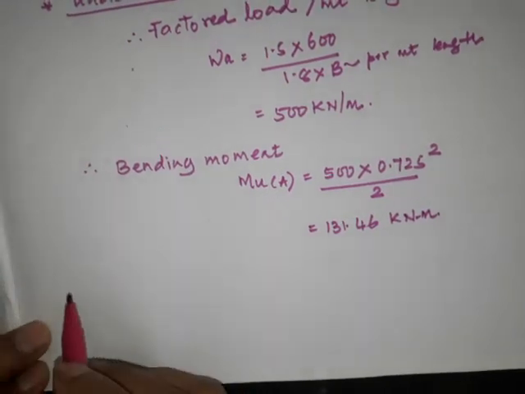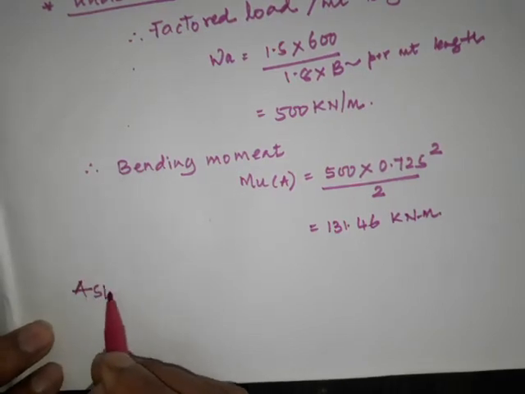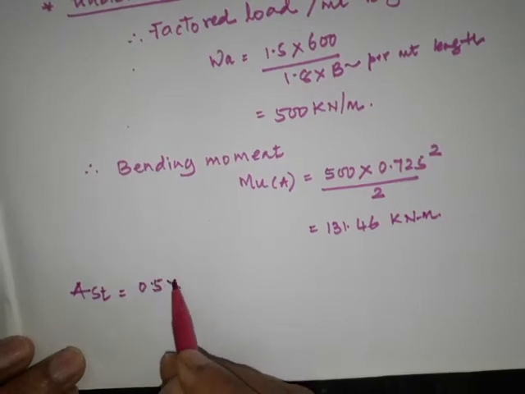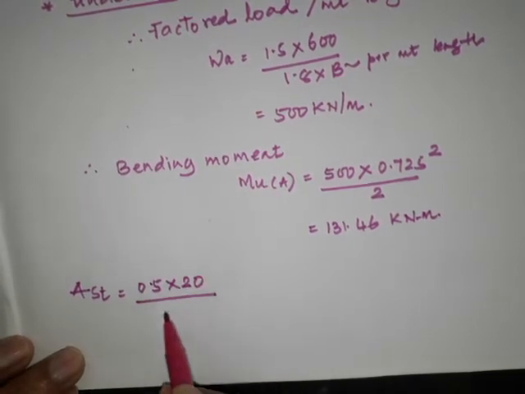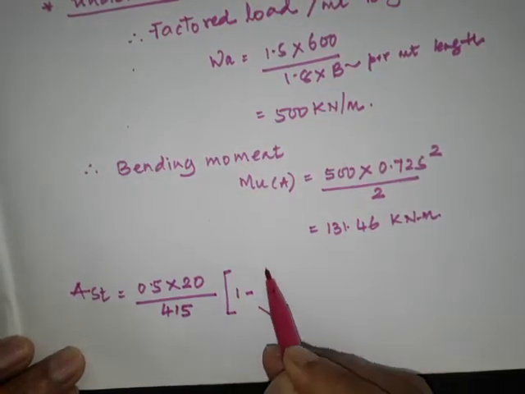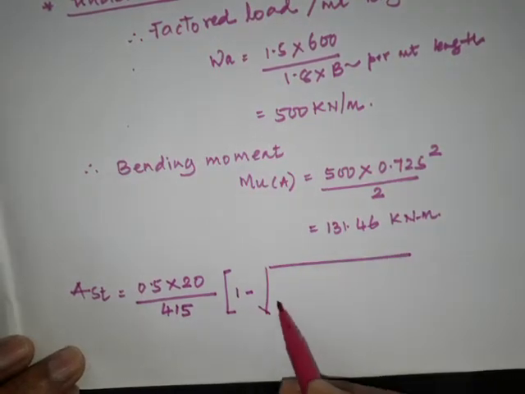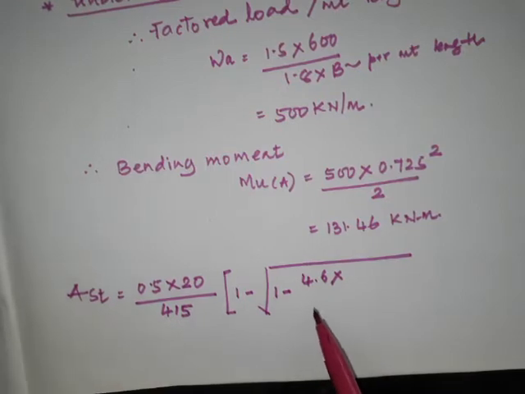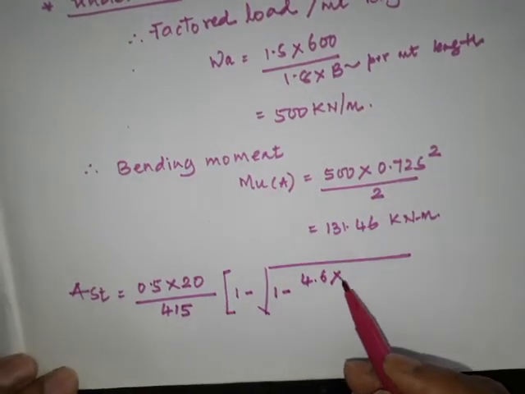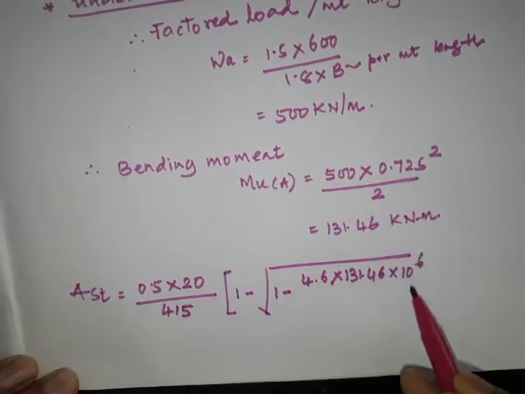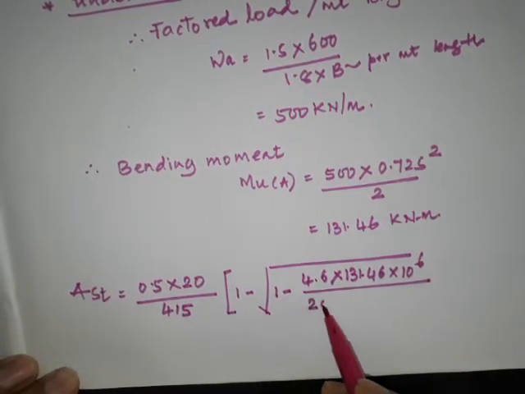Then in the same way you have to find out the area. So AST is equal to 0.5 FCK, which is 20, upon Fy, which is 415, into bracket of 1 minus square root of 1 minus 4.6, okay, the MU is 131.46 into 10 to the 6 upon FCK.